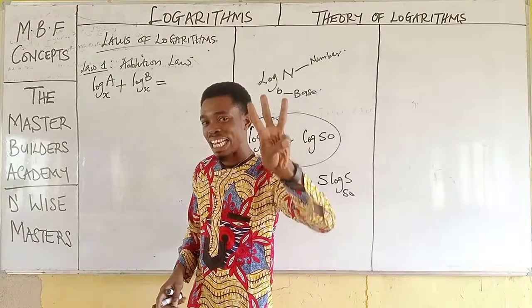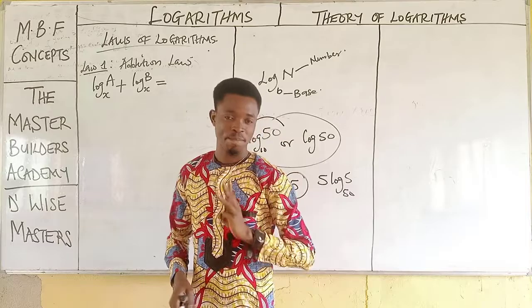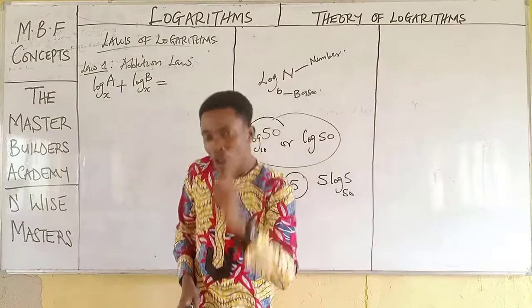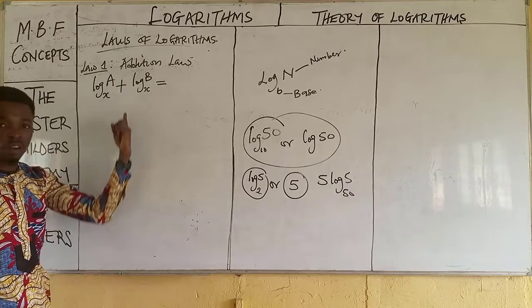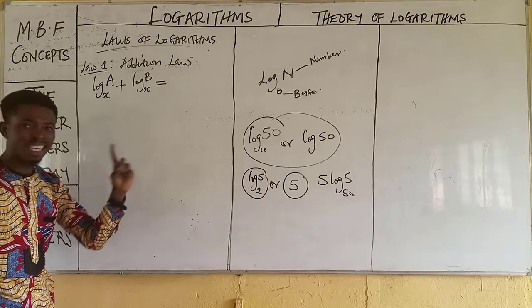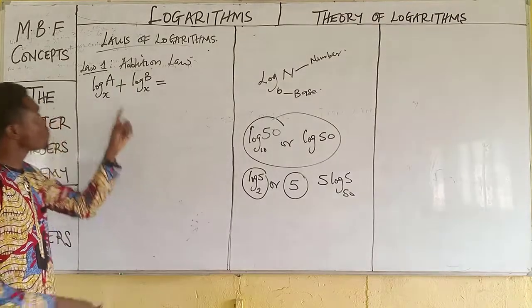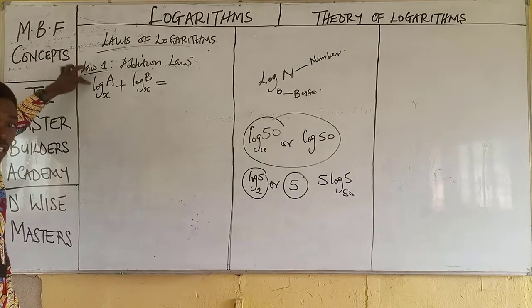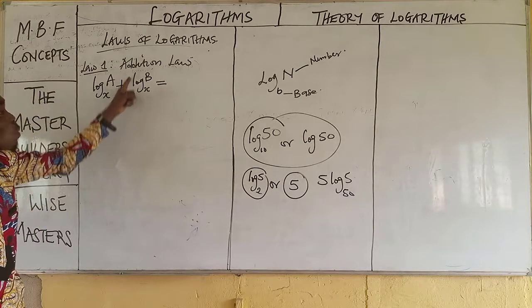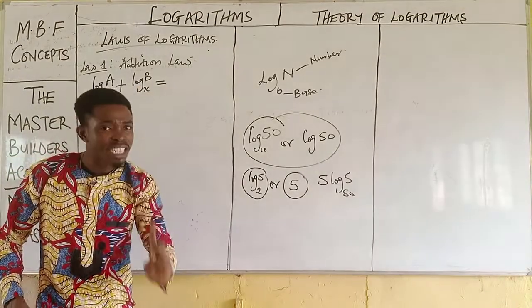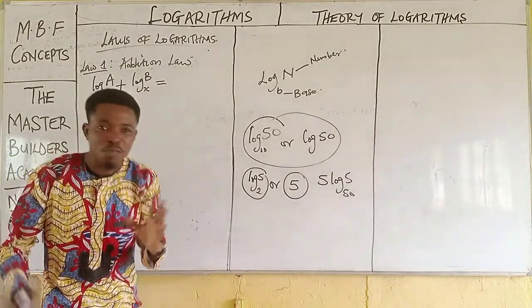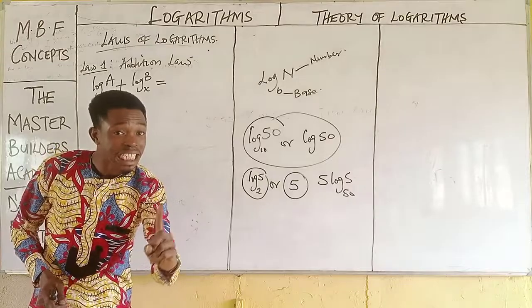There are basically three things that you watch out for. Number one is the coefficient of the log. What do I mean? The coefficient of the log. You find out that here now, the coefficient of this log is 1. The coefficient of this other log is 1. You must ensure that the coefficient of the log is 1 for this law to be valid.